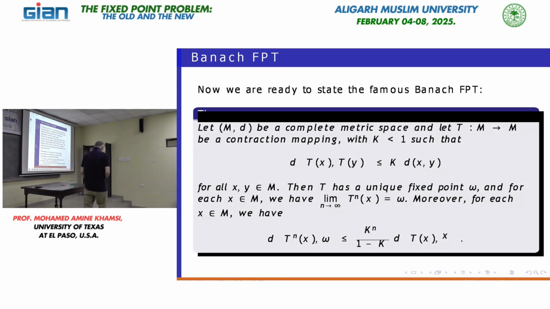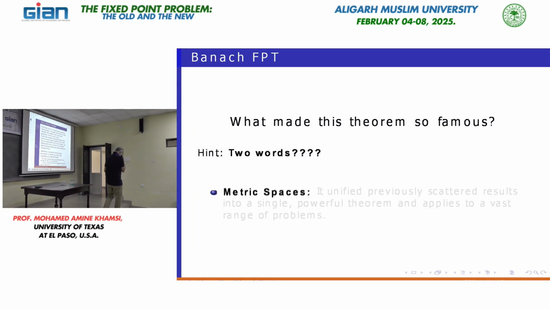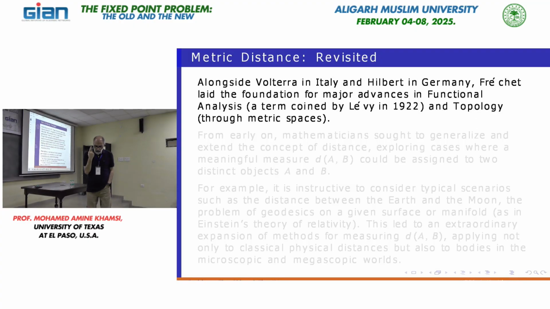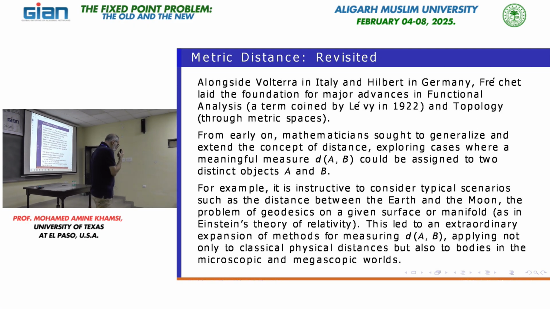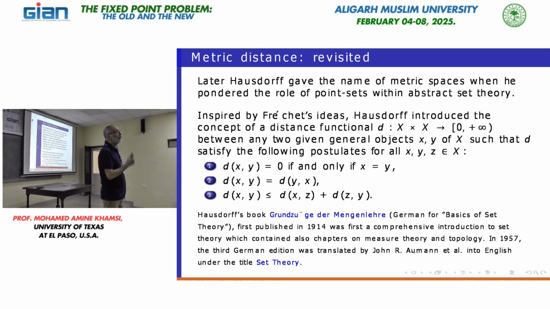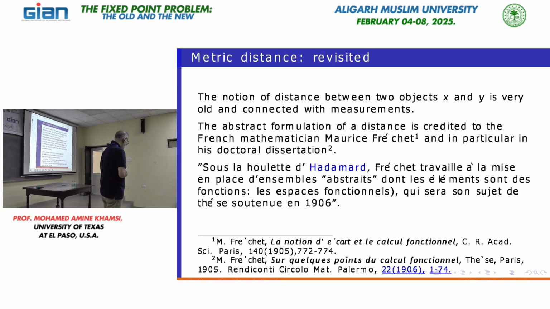This way. So, the issue was about questioning axiom 1, 2, and 3. I already talked about 3, the triangle inequality. What if you don't have the triangle?